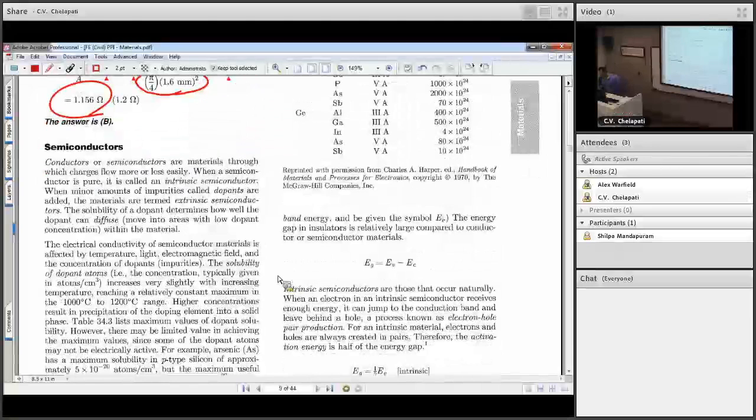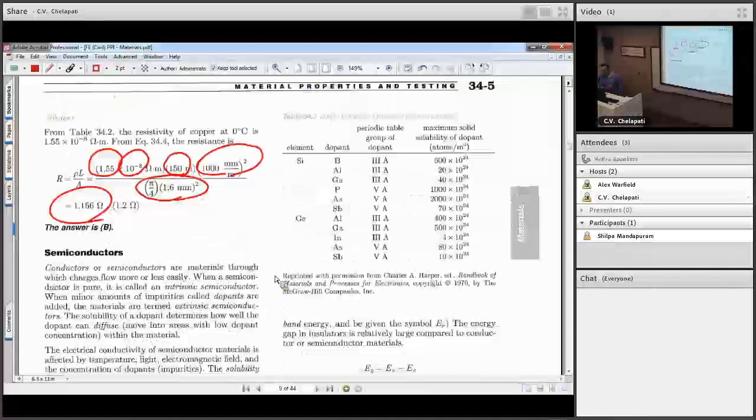So it's 1.55 multiplied by 10 to the power minus 8, which is in the table, multiplied by L, the length, divided by the cross section, pi over 4 d squared. And I use 1,000 squared to change the units from millimeter to meter. And that's the final answer that I get for the resistance of the wire.